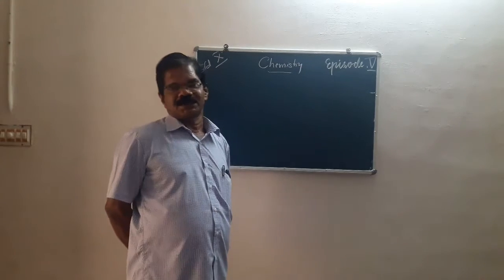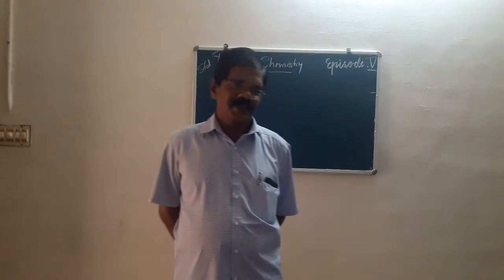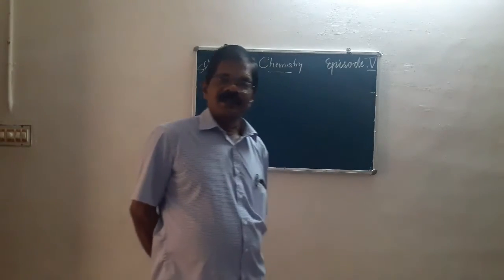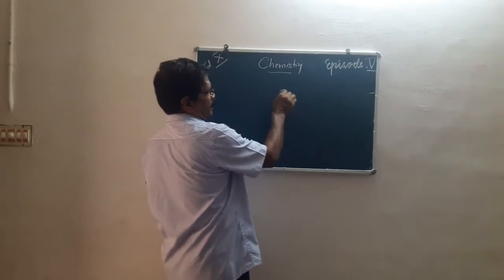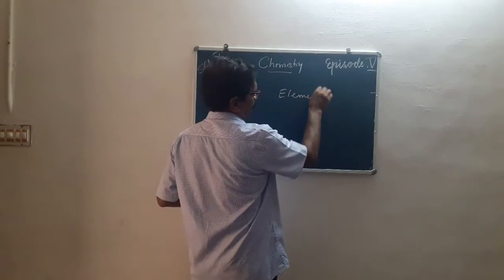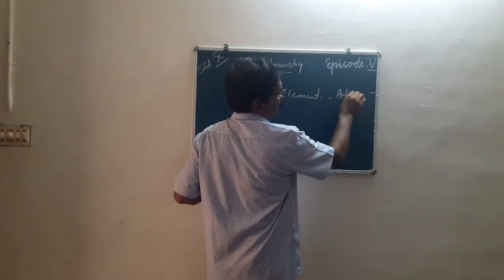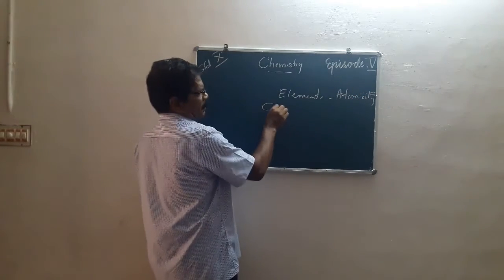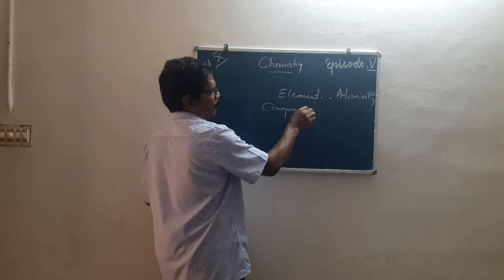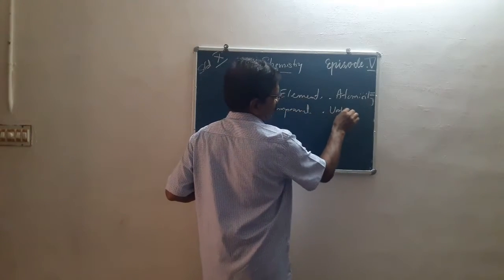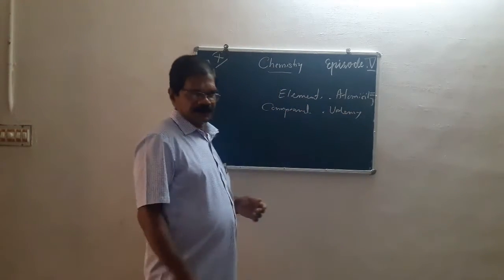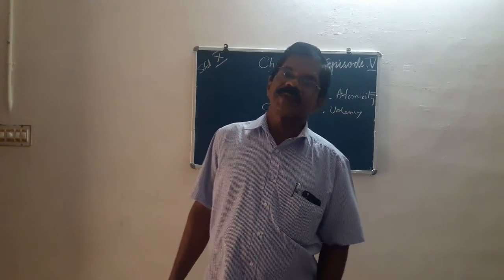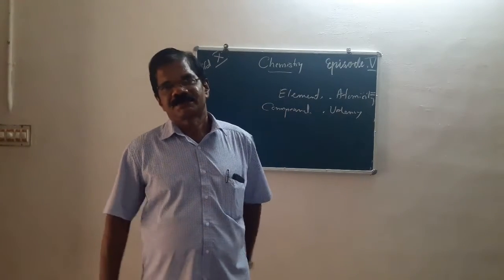In the first session also I told you that for writing a chemical formula you must know two things: one, the elements' atomicity, and for compounds, valency. So you must have a clear idea about writing a chemical formula.